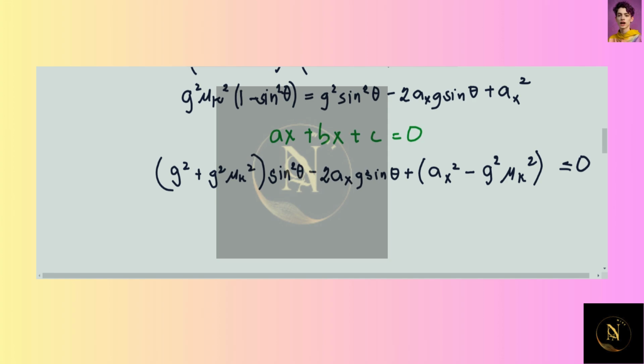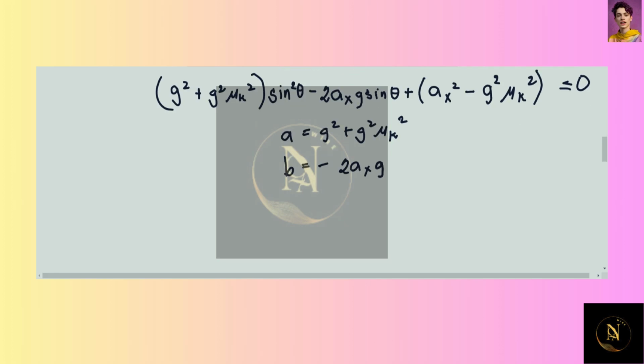As we can see, the coefficients for the quadratic form are: A is equal to g squared plus g squared mu sub k squared, B is equal to negative 2 a sub x g, and C is equal to a sub x squared minus g squared mu sub k squared.